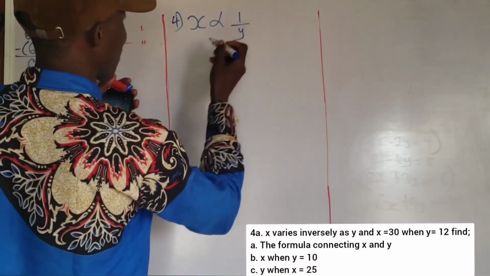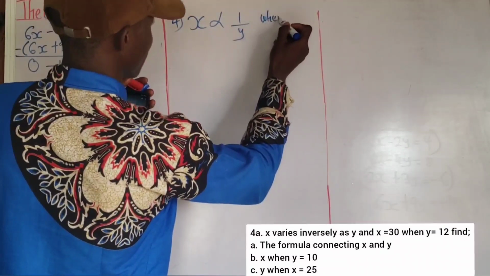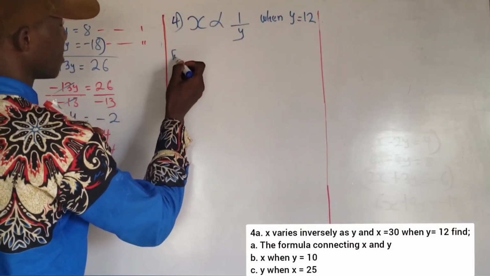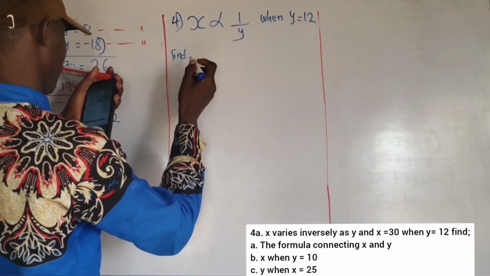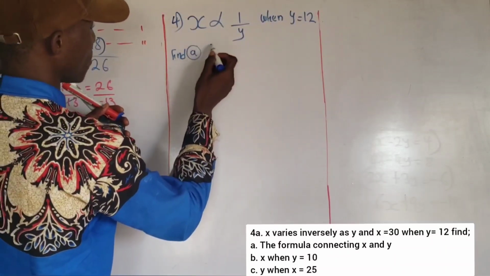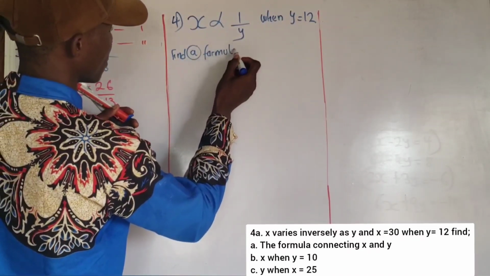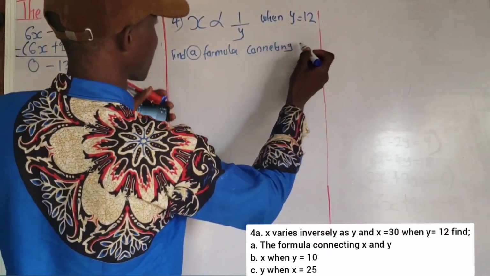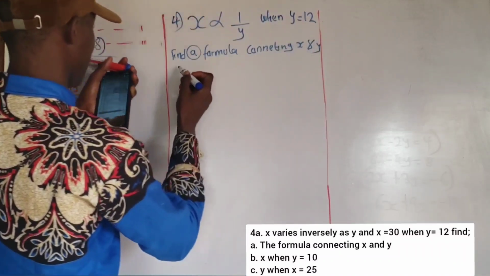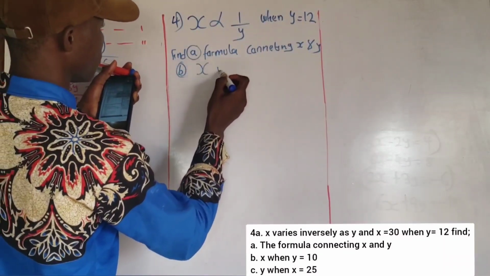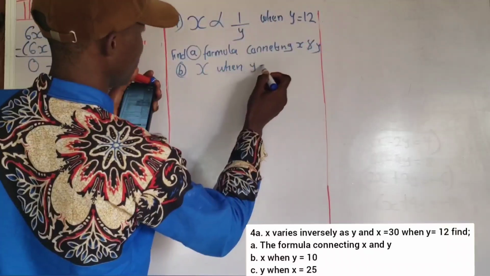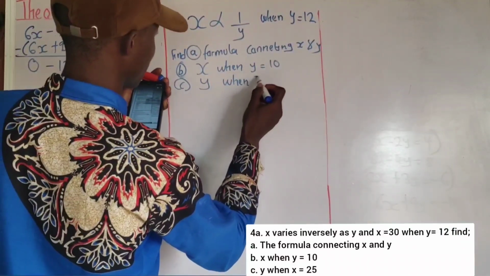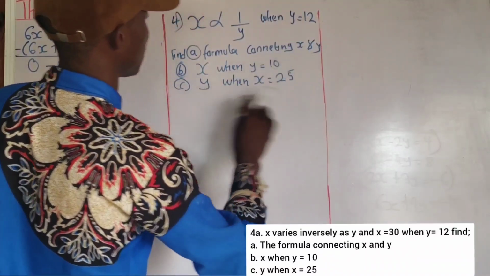Okay, we are given that when y equals 12, we are asked to find the equation, the formula connecting x and y. Then we are asked to find x when y equals 10 and y when x equals 25. Now, how do we solve this question?